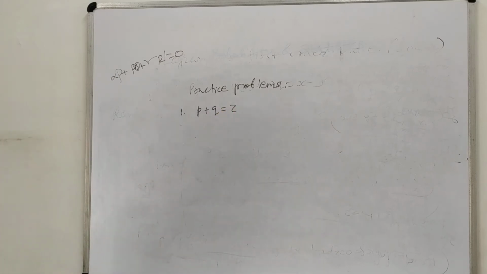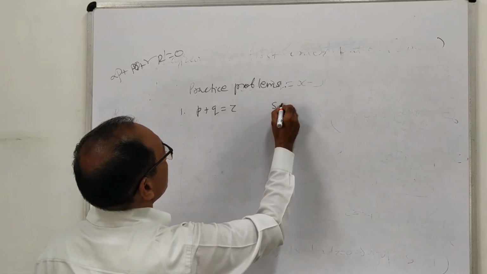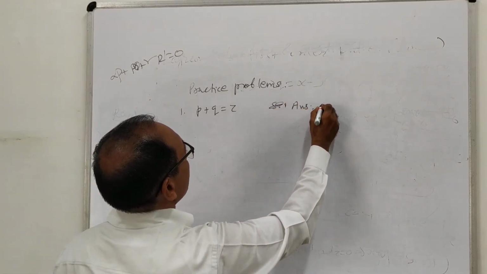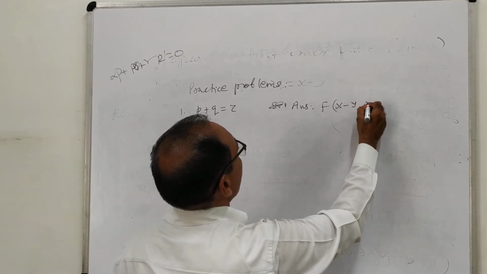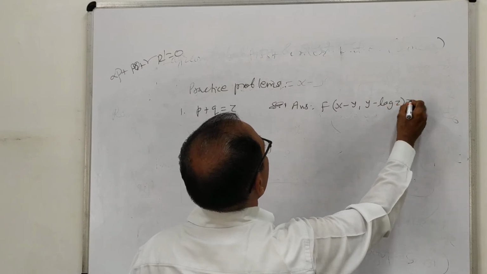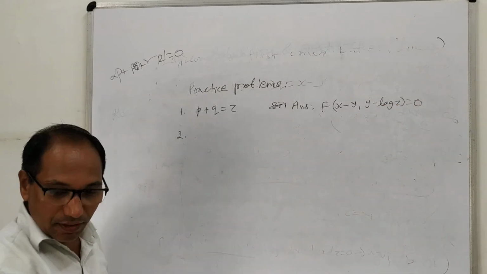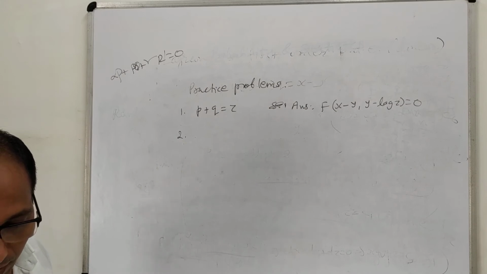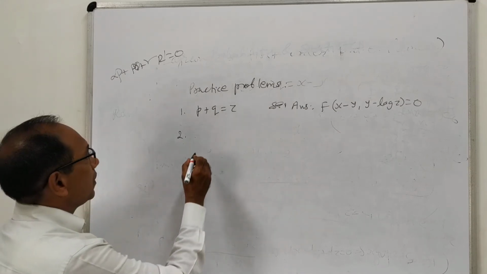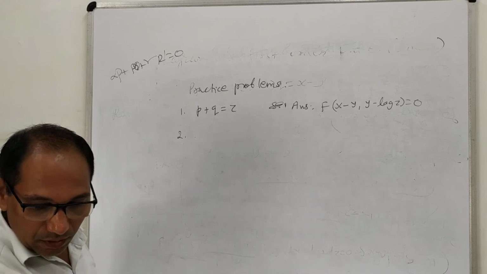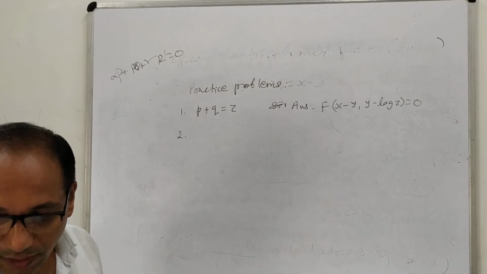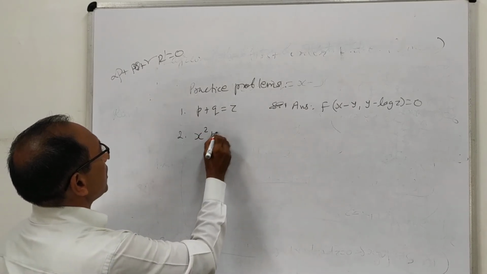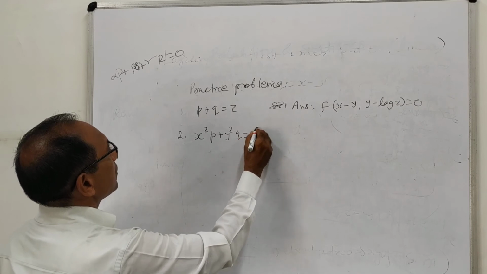First example, it has the solution, not solution but answer. Answer is capital F of x minus y comma y minus log z equal to 0. Second equation that I will show you is x square p plus y square q equal to z square.